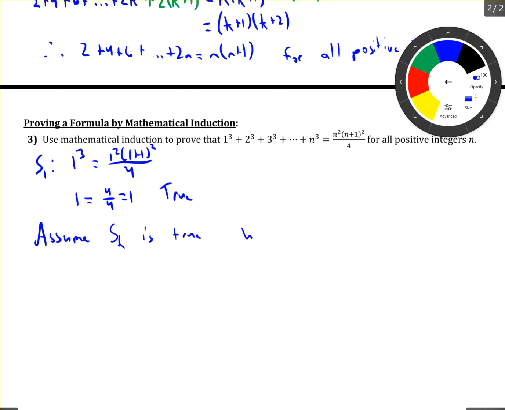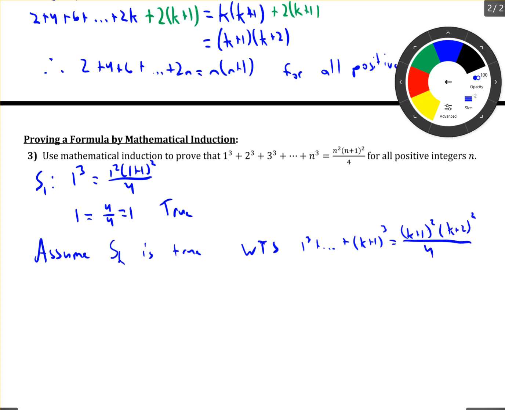And then I want to show, and I use W.T.S. quite a bit for "want to show", that 1 cubed plus dot dot dot plus k plus 1 cubed equals k plus 1 squared times k plus 2 squared over 4. So I want to show that it's true where I plug in k plus 1 there and there. That's what we're trying to do.